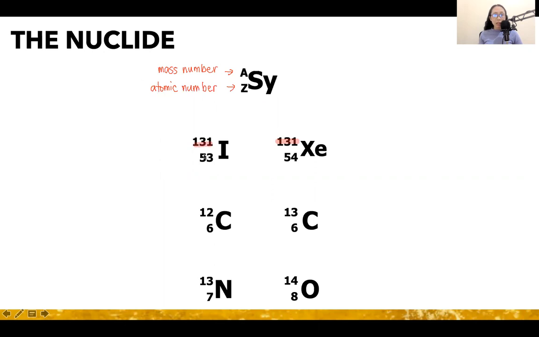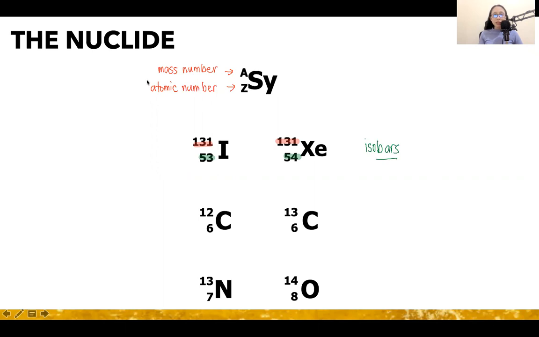They are different elements because they have different atomic numbers, but they have the same mass number. So, atoms with the same mass number but different atomic numbers are called isobars. So, these two atoms are isobars.